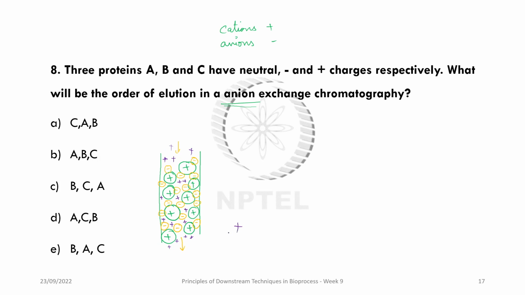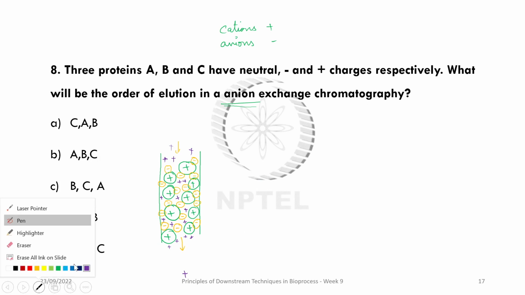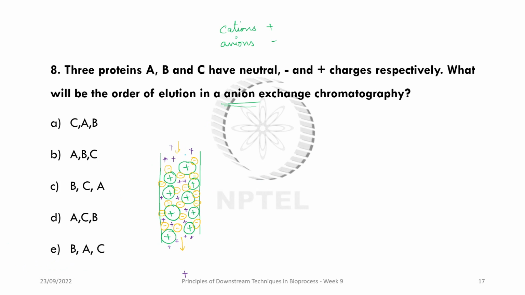So whichever is positive will come out first, followed by, let's say something is neutral, it's neither positive nor negative. It is not going to be repelled by the stationary phase, but again it's not going to be attracted also. So what happens?